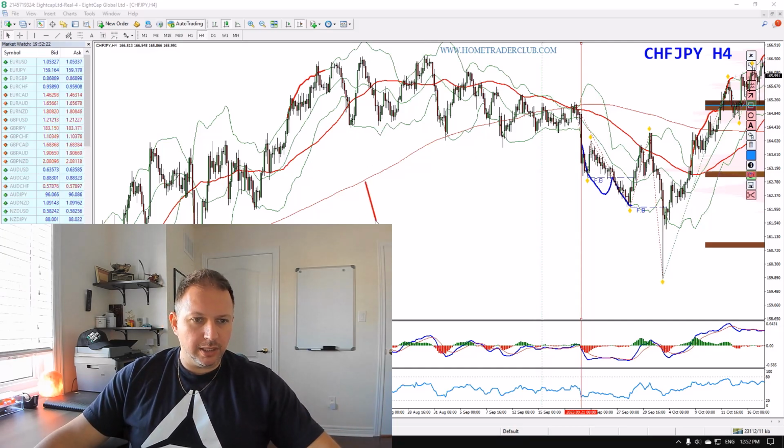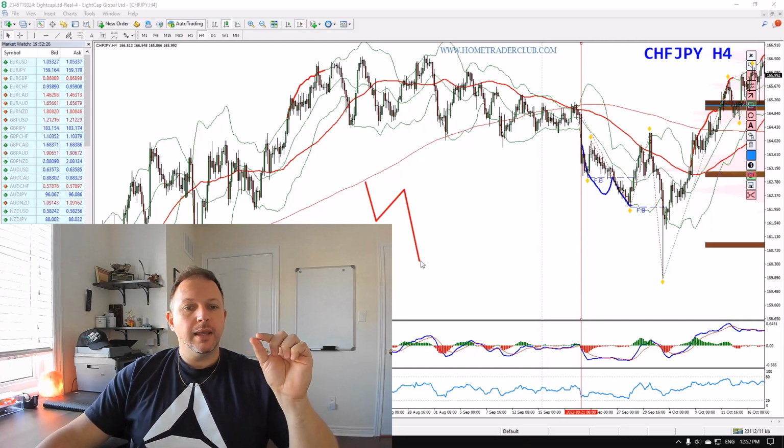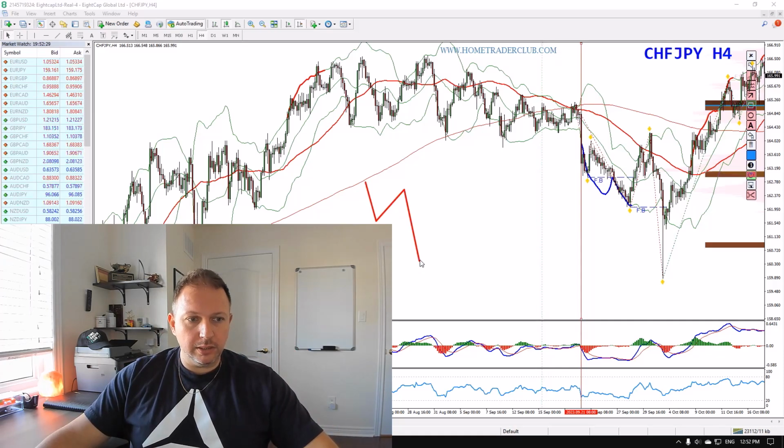And the cleaner signs are when you start to get the market making lower highs, lower lows. When it makes the lower highs, lower lows, it could be in a way of a zigzag, which means 2 waves down with 2 waves correction and then continuation, or a range and continuation.